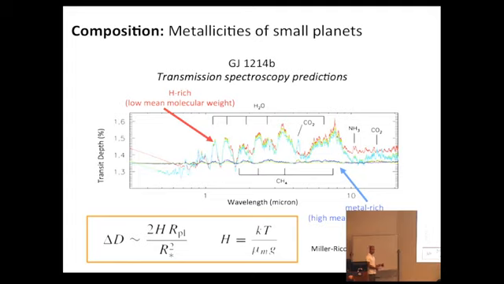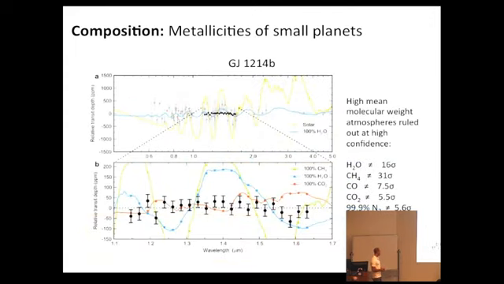You can go, for example, from a hydrogen-helium atmosphere with a mean molecular weight of 2 in dimensionless units to something that's dominated by water or even CO2, so 20 or 40, right? So if the mean molecular weight can change by an order of magnitude, the scale height can change by an order of magnitude, and the sizes of the features can change by an order of magnitude. And so that's what we were trying to do with atmospheric studies of this planet, GJ1214b, and that's really kind of the atmospheric studies of super-Earths question.